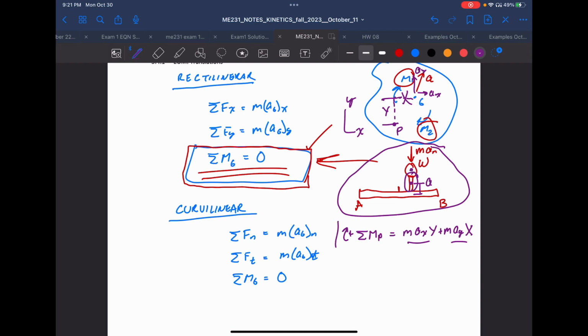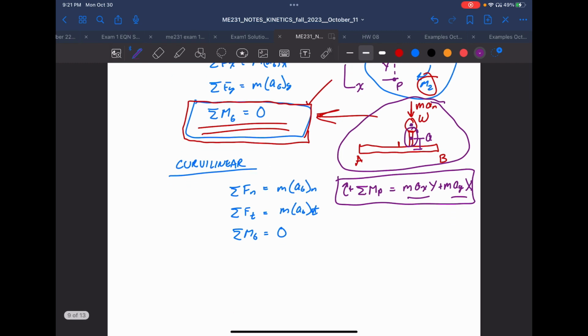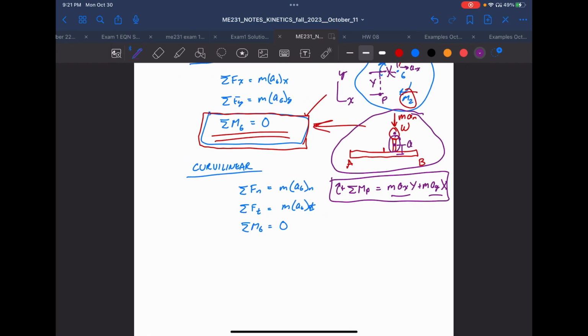So with this kind of logic, if we were to take a summation of forces, the summation of forces doesn't change. Those are still going to be based upon accelerations at the center of gravity of the object. But for the summation of moments, I could add a fourth equation to that set that says the summation of moments at P is equal to the summation of inertial moments.